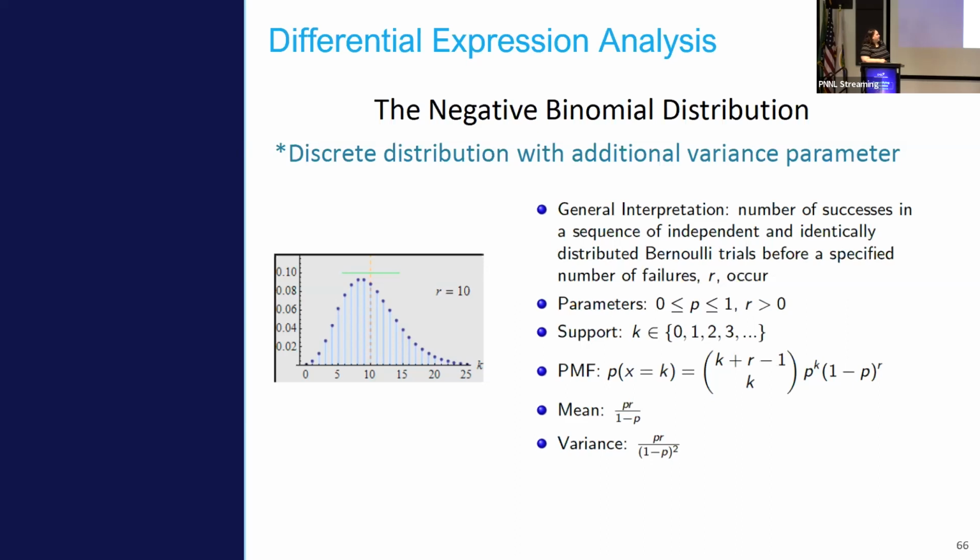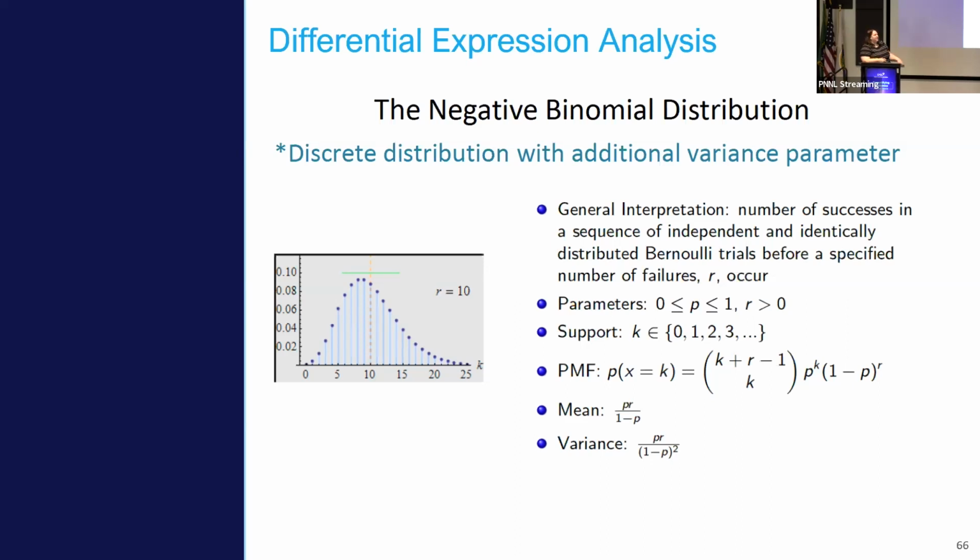And if you talk to a statistician, the general interpretation here is the number of successes in a bunch of independent trials before you reach some number of failures. That does not translate very well. When I was talking about the Poisson, we said we can think about it as the total number of occurrences in some finite space.